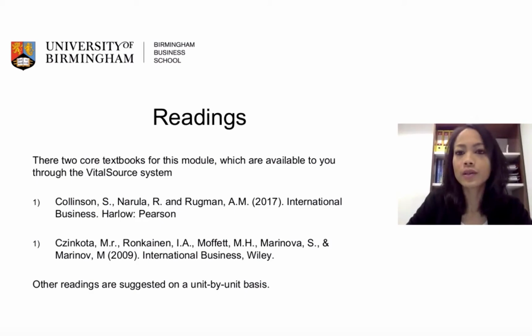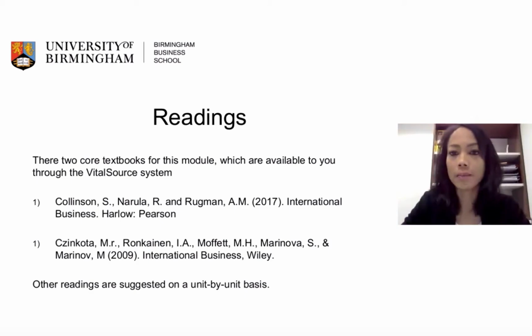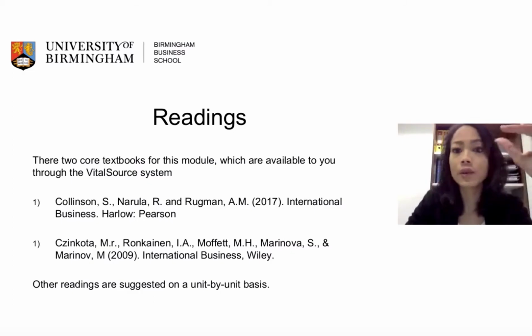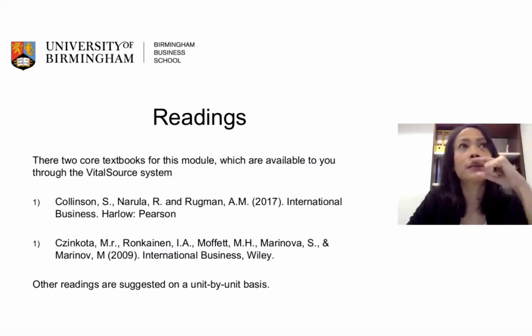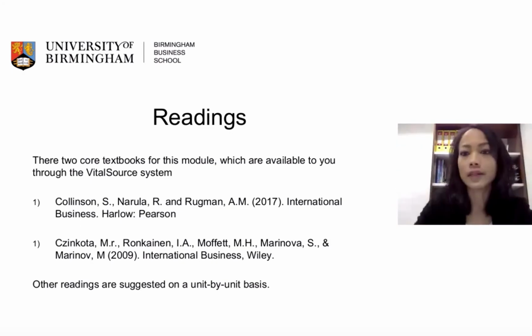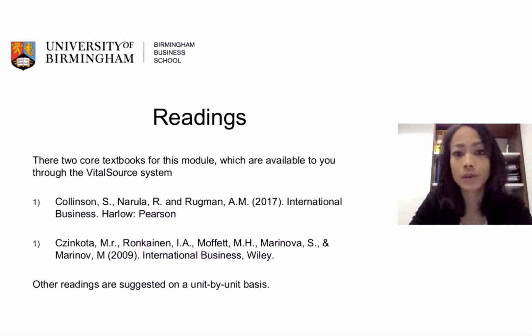Together with this, I have attached papers for your reading list for each unit, and those articles point to theories which I want you to highlight around certain issues. They also open up your interest to some debates and expert academics who are doing research in that particular area. So I think it's good to learn about them as you go along, as well as to deepen your interest.